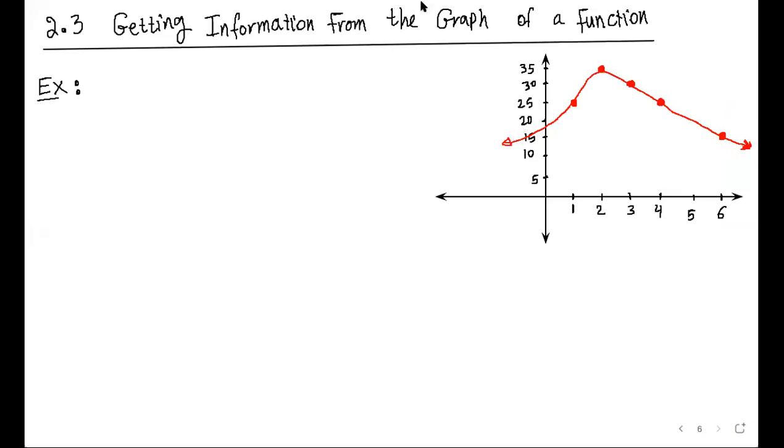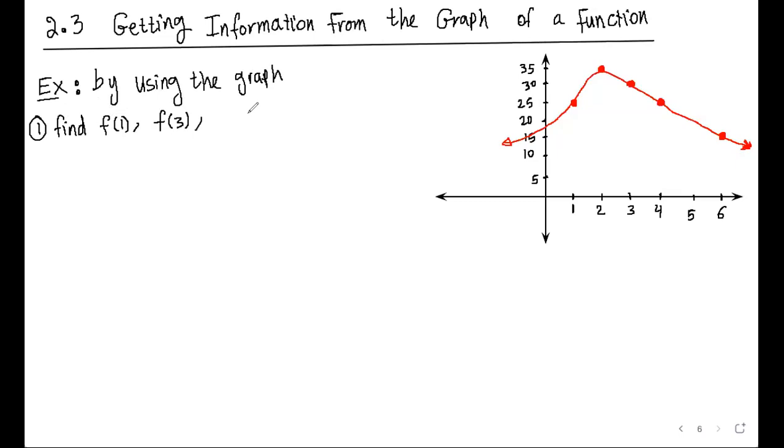Now the question is, the first question, by using the graph, number 1, find f of 1, comma, f of 3, comma, f of 5.